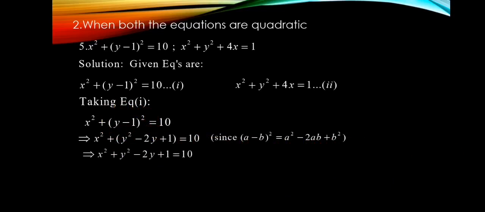So after giving it a proper shape, we get x square plus y square minus 2y plus 1 is equal to 10. While shifting 1 to the other side, we get x square plus y square minus 2y is equal to 9.